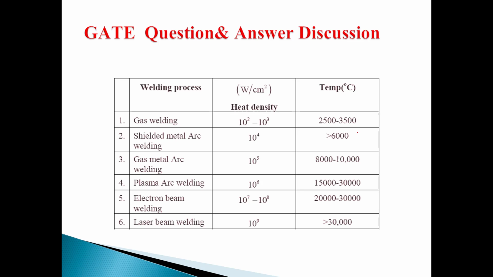Shielded metal arc welding: 10 power 4, temperature greater than 6000. Gas metal arc welding: 10 power 5, temperature 8000 to 10,000. Plasma arc welding density is 10 power 6, temperature 13,000 to 15,000. Electron beam welding: 10 power 7 to 10 power 8 watt per centimeter square, temperature varies from 20,000 to 30,000. Laser beam welding: 10 power 9, temperature greater than 30,000 degrees Celsius.